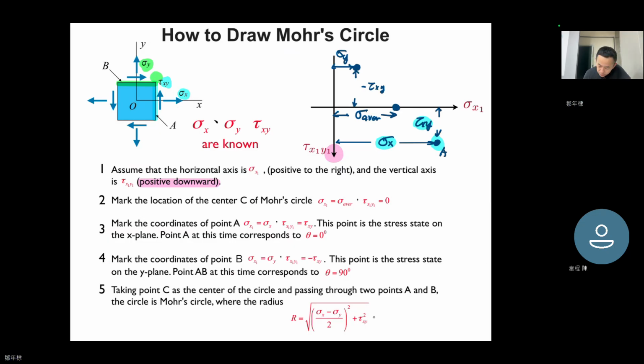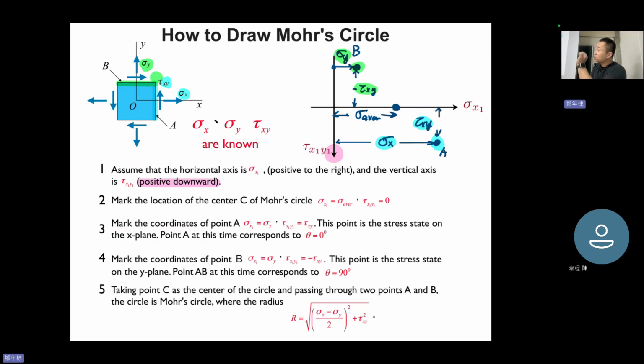Okay, and you can mark that as a green point, and we will say this is B point. So you see, a point in a Mohr circle will represent one particular plane in the real world.